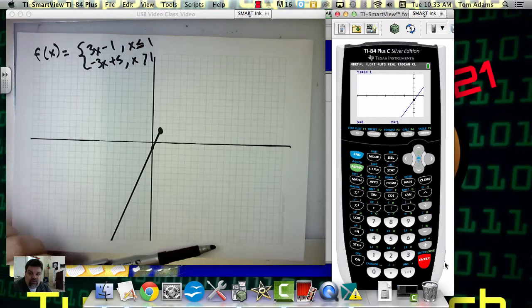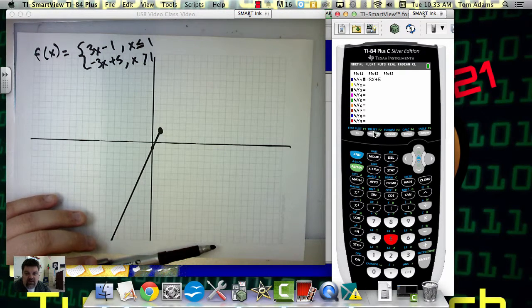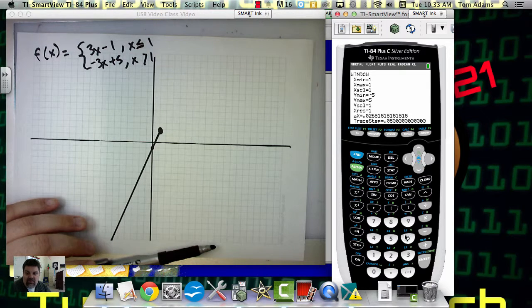Now for the next part of the graph, I'm going to change my function to -3x plus 5. But now I'm going to change my window because I'm interested in when x is greater than 1. So I'm going to let my minimum value for x be 1, and make my max like 6. And now I'm going to graph that.